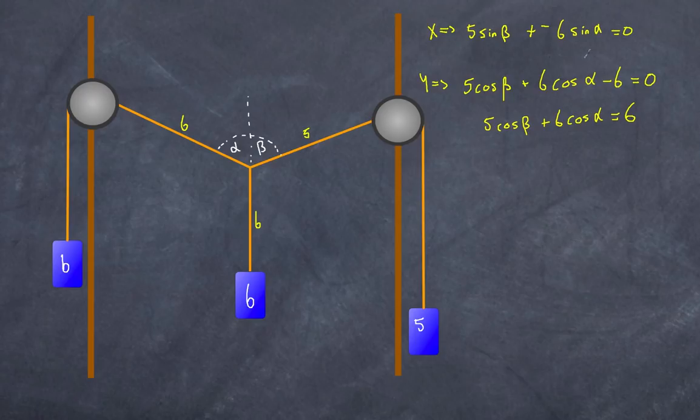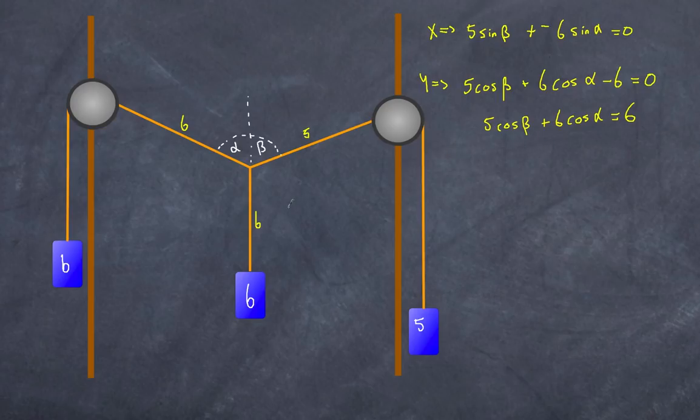So I have now 2 equations and 2 unknowns, and I have to solve for alpha and beta. This is getting a little bit complex mathematically. Now, I will show you how to solve this at the very end of the video. So once I finish with the explanation of this particular problem, stay tuned if you want to watch how I solve this using simultaneous equations.